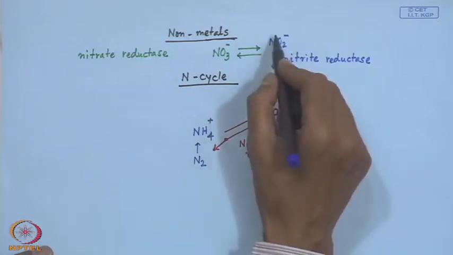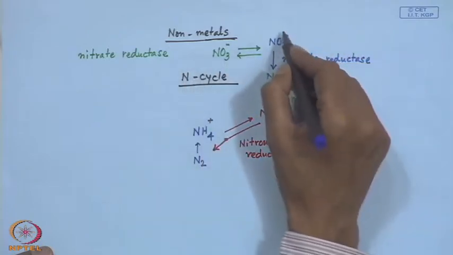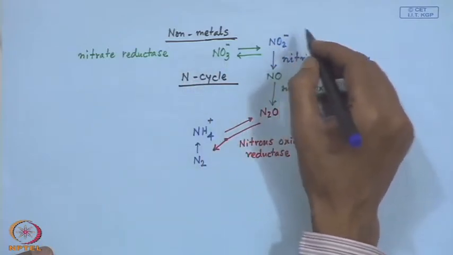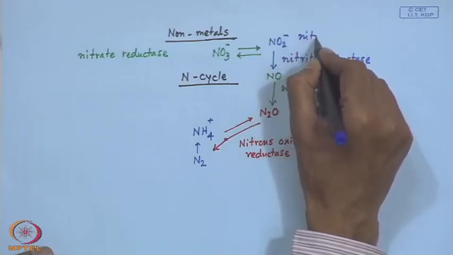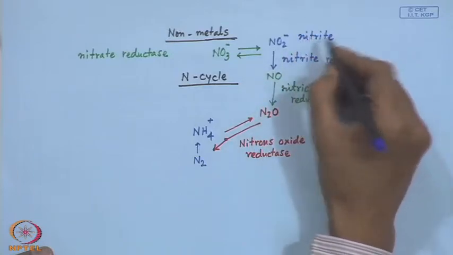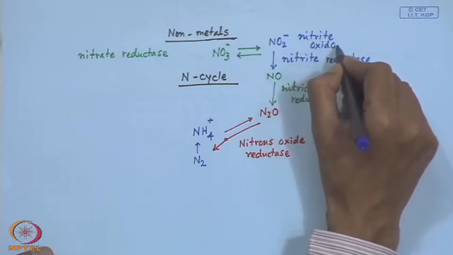And when NO2 minus is going back to NO3 minus, we will be working on NO2 minus, so nitrite oxidoreductase will be there.